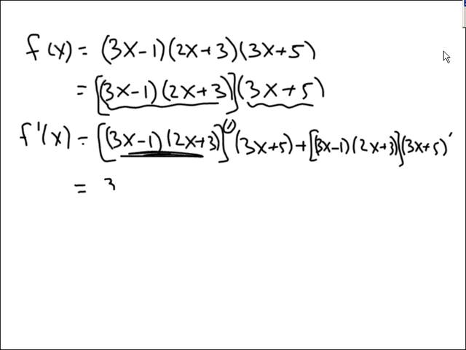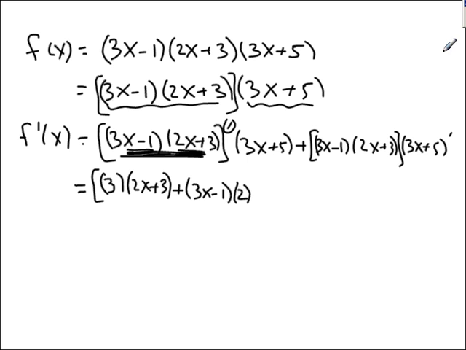We have to take the derivative of our product. Okay, so it's the derivative of the first times the second, 2x plus 3. Now we reverse again. We keep the first function, 3x minus 1, and we multiply by the derivative of the second function, which is 2.